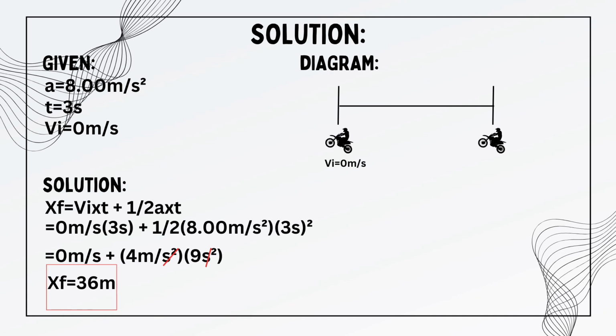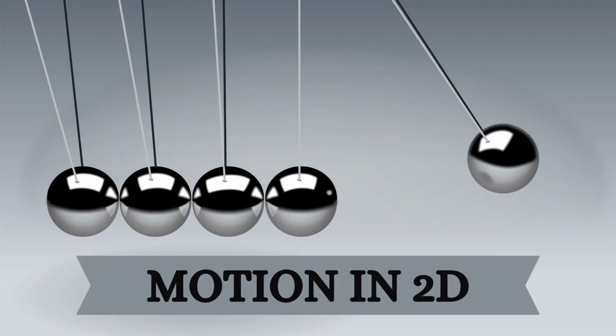Then solve the answer that we got. 0 meters plus 4 meters per second squared times 9 seconds squared is equal to 36 meters. Cancel the unit that is the same as the given values. Therefore, the displacement is 36 meters.